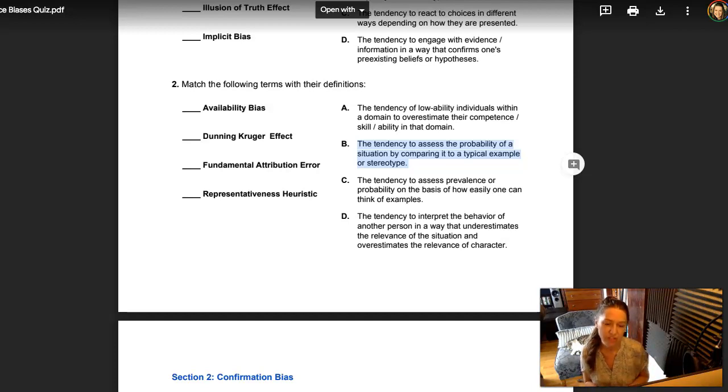Just to fill out this overview of the representativeness heuristic, there are 2 other examples in the text beyond the Linda case and the base rate fallacy, so the conjunction fallacy and the base rate fallacy. And one of them is the gambler's fallacy.